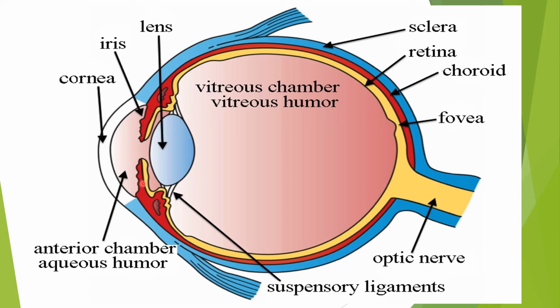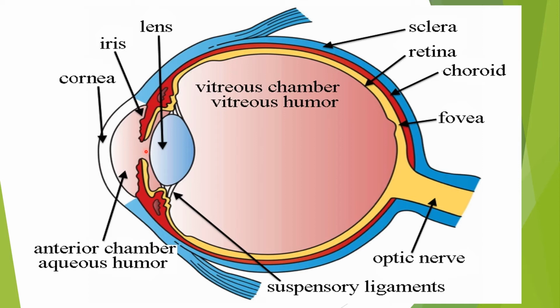What is the meaning of regulating the size of the pupil? When we are exposed to bright light, our pupils constrict so that less light can enter, and when we are exposed to dim light, our pupils dilate so as to allow more light to enter.